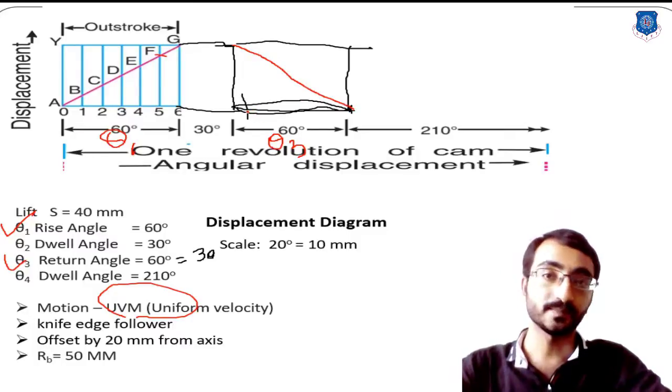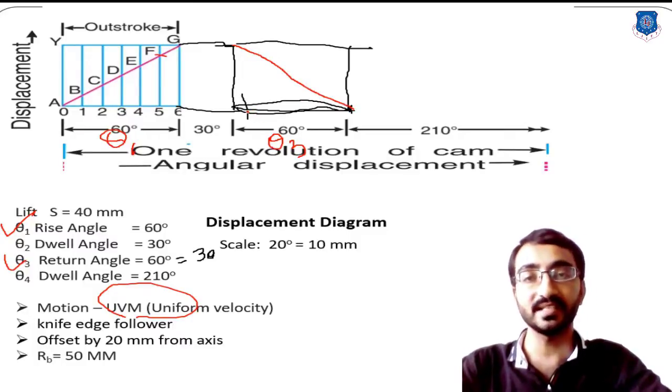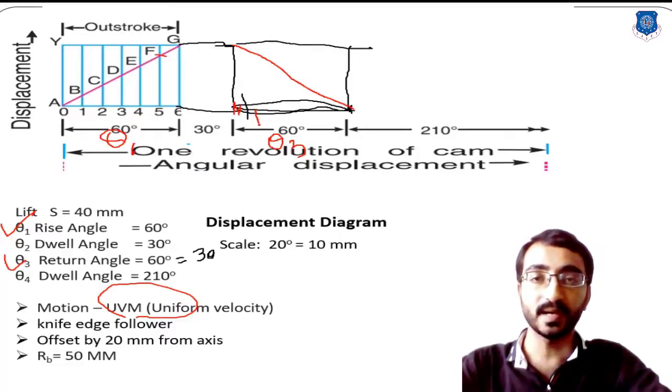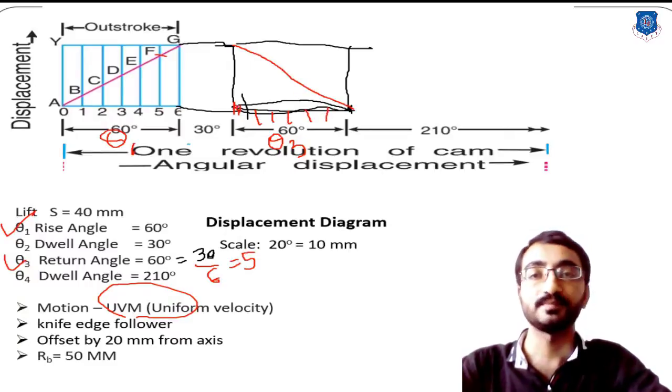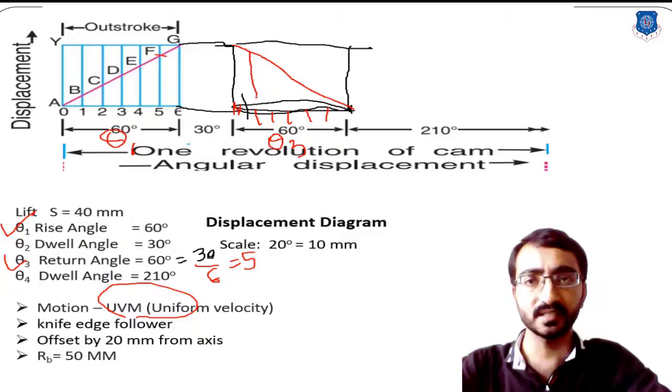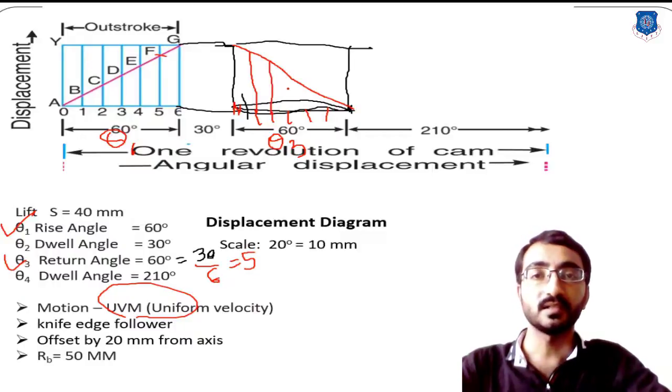The simple steps in uniform velocity are: divide the horizontal line into 6 equal parts of 5 mm, because the total length is 30 mm. So 30 by 6 will give you 5. You need to make 6 equal divisions of 5. Now connect these points to the diagonal line, and this intersection will give you the rest of the points.